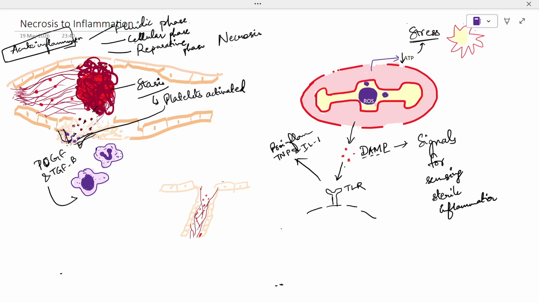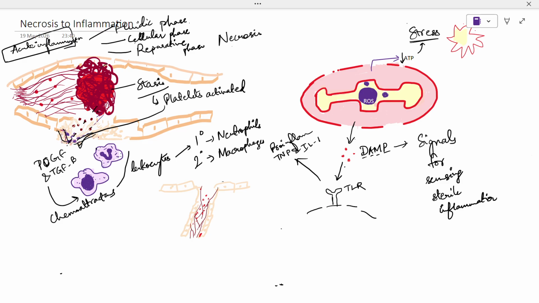Now these act as chemoattractants of leukocytes, recruiting first the neutrophils, then the other leukocytes like macrophages.